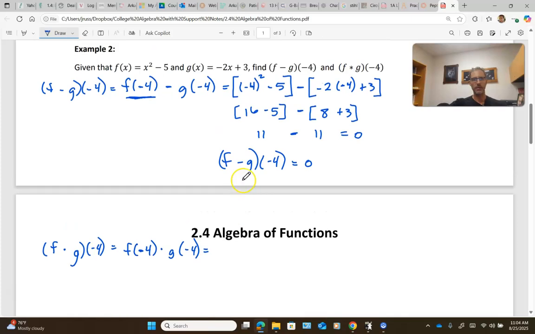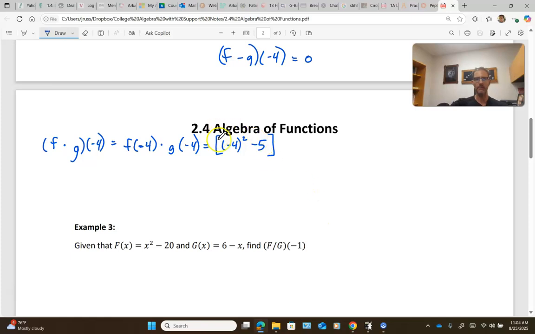All right, so let's go back up here and look. So f is this quadratic, so I'm going to plug -4 in for it. So I would have (-4) squared minus the 5. And again, I'm going to keep this in brackets. The reason I'm using brackets instead of parentheses here, guys, is because it's not good practice to use two consecutive sets of parentheses.